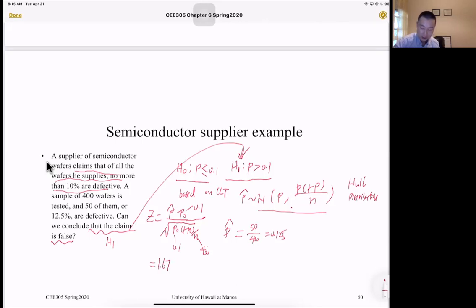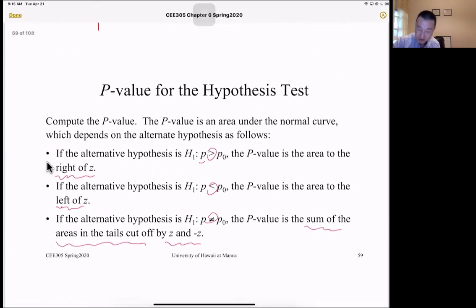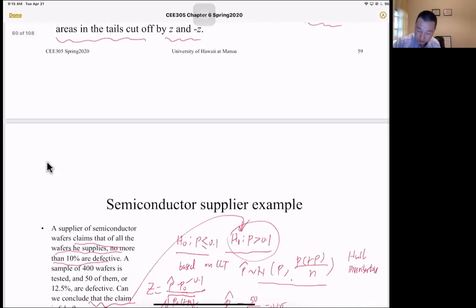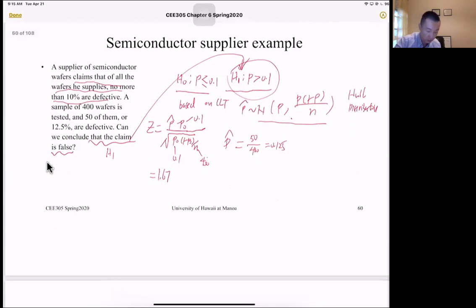Then let's calculate the p-value. It depends on how H1 is asked. If p is larger than 0.1, as we see here, larger than P0, the p-value is the area to the right of z. We use the z table, which is table 8.2.